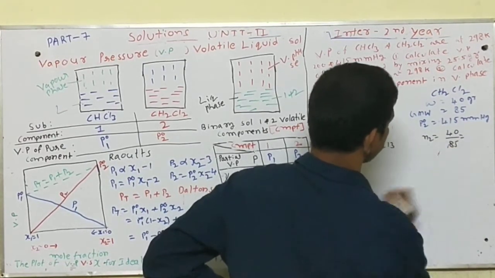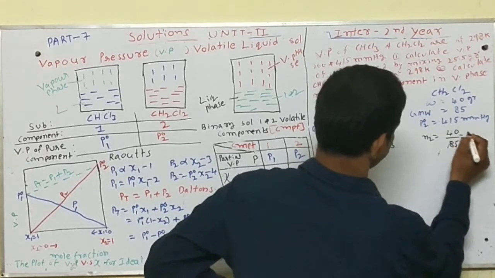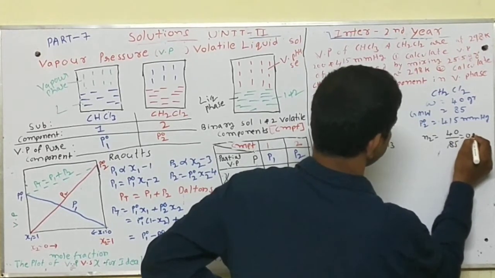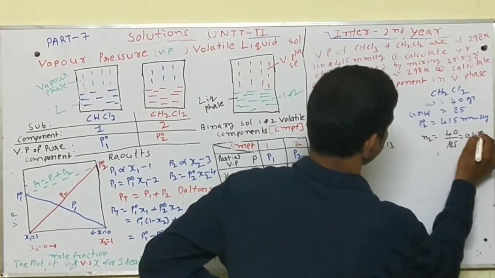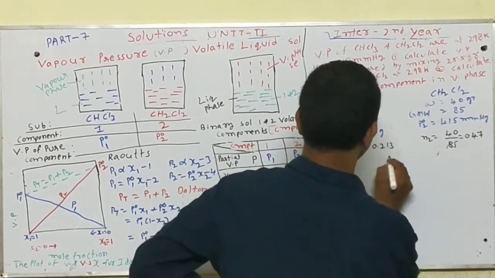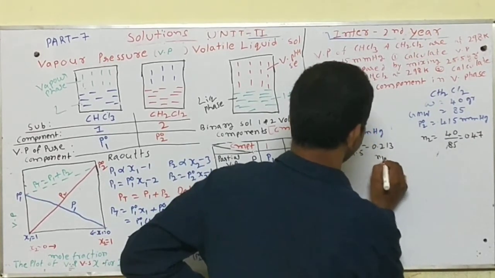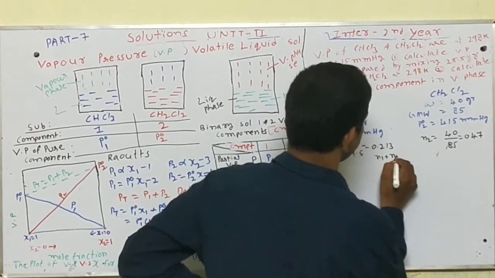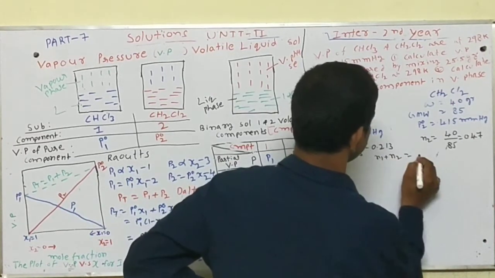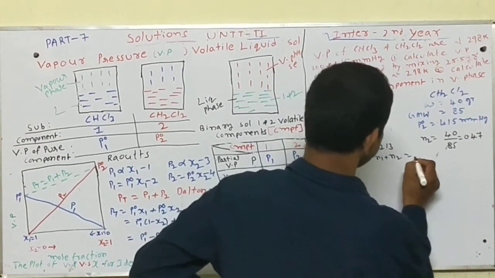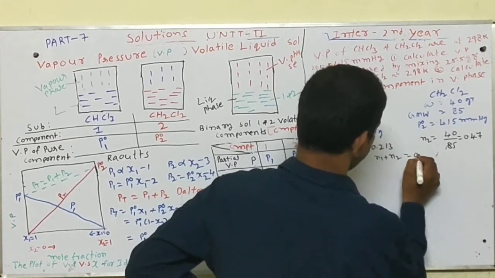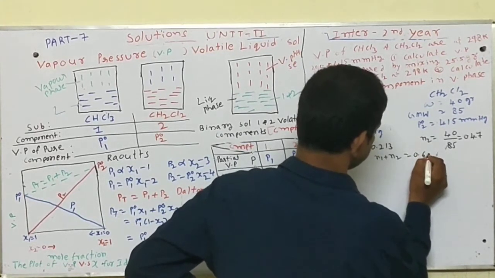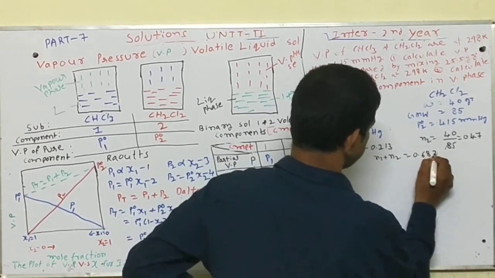It will be equal to 0.47. N1 plus N2 equals 0.683.